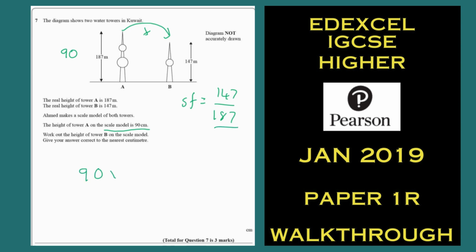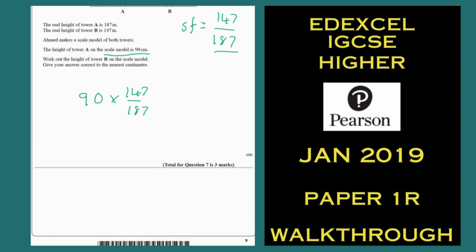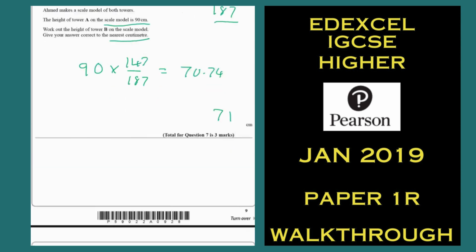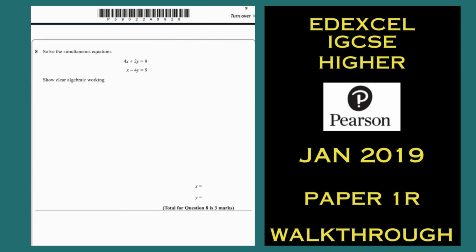Yep, it's as easy as 90 multiplied by your multiplier. But obviously you could be dividing by 187 over 147 if you'd done it or thought about it that way round. They all lead to, to the nearest centimetre, I get 70.748 and so on. In other words, 71 centimetres to the nearest integer.